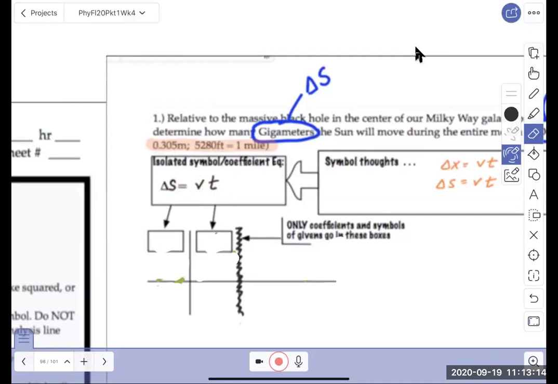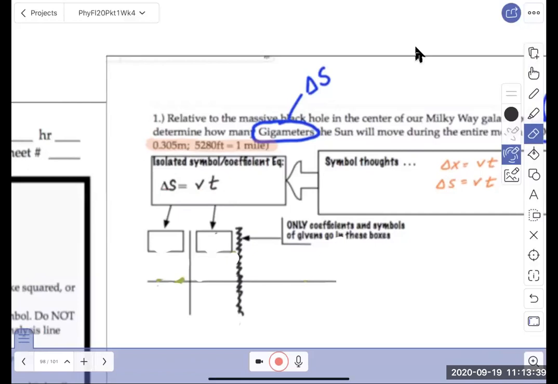Remember that s is a combination of x, y, and z. So s is when you've got curvy things. What I guess in geometry you might call arcs. Okay, but curvy things is the technical term for arcs.